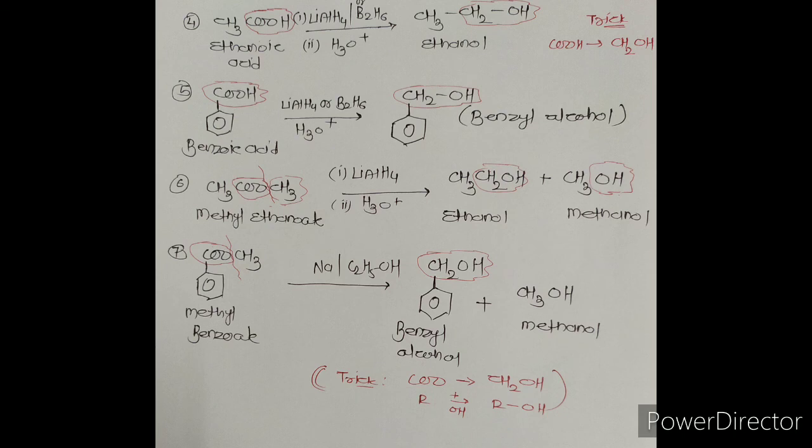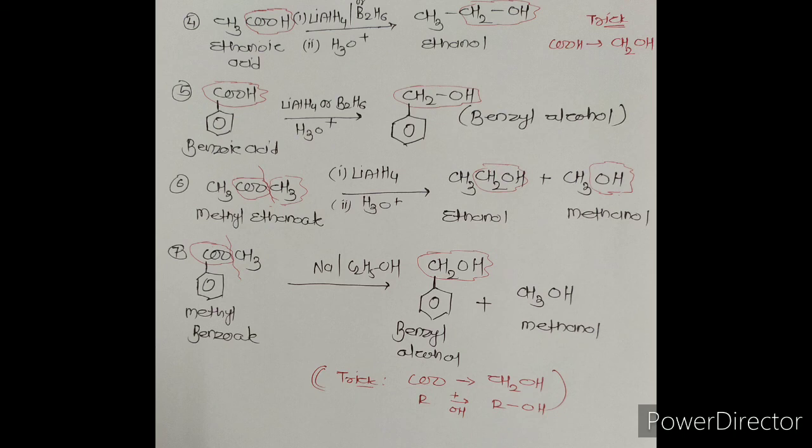First, we break the compound at the COO group, and instead of COO we put CH2OH, so the first product is CH3CH2OH. The remaining portion, methyl, combines with OH, so it forms CH3OH, methanol.